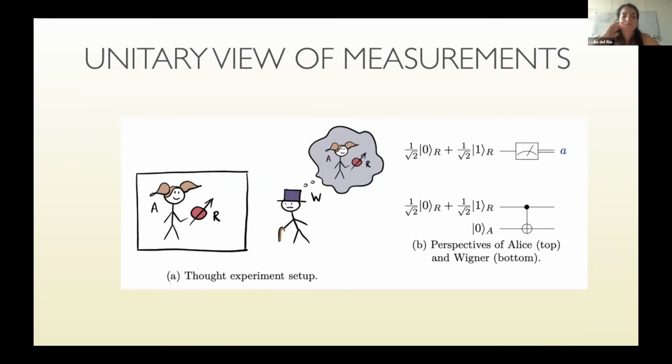But someone from the outside who sees all of this as a quantum system evolving can model her measurements in a very simplified way as a CNOT between one register in her memory and the qubit they measure, right? Of course, this is a big simplification, but let's just take this for granted for now.